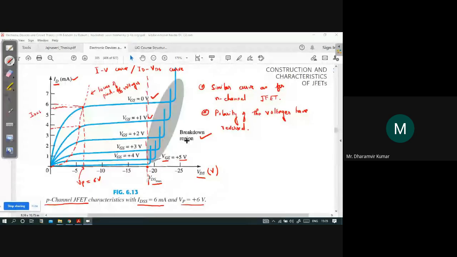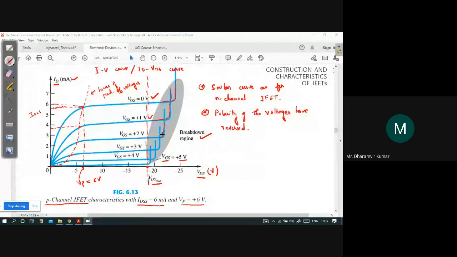So what happens actually when we increase the value of VDS beyond VDS maximum? Look at this characteristic. It will go like this, and suddenly the current will increase like this, a sudden increase for each of these conditions. This sudden increase in current shows that the device is kind of short circuited.